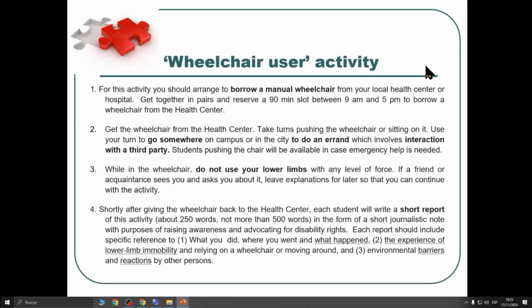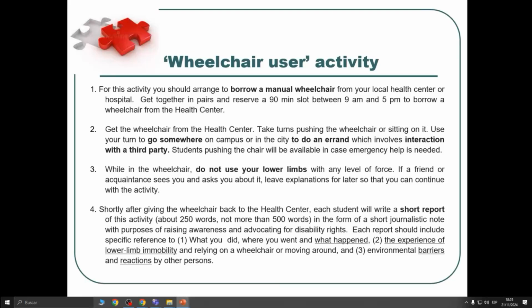So I'm going to go straight into presenting disability simulations, which are activities which give students of disability studies the opportunity to participate in society, to do things in everyday life from the position of a person with disablement.